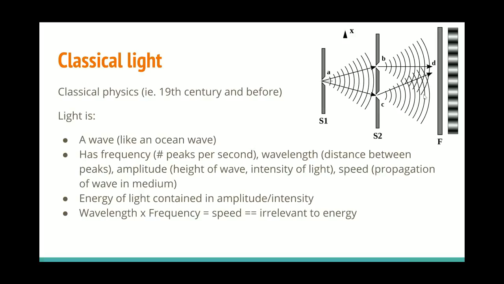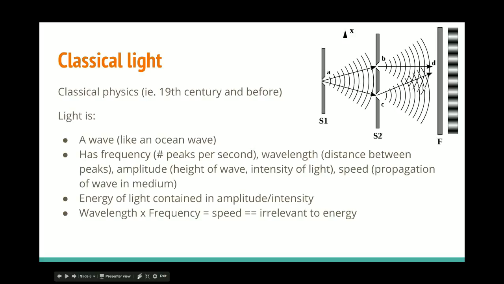The peak of this wavefront is adding to the peak of this wavefront. Where the blank spaces are overlapping, that's where the troughs, the low part of the wave, are adding together. So with constructive interference, they're adding up. The peaks are higher, the troughs are lower, and that's the white spots.